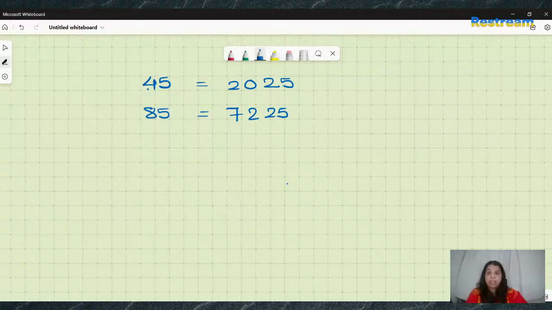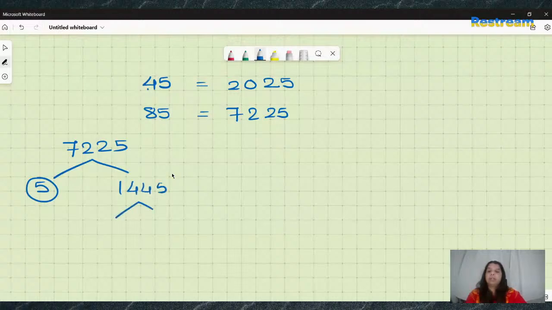We can try factorizing 7225 and see if we really get 85 back. 7225 divided by 5, what do you get? 1445. Now again I'm going to divide this by 5. It's 289. Those who don't know the squares, 289 is the square of 17.